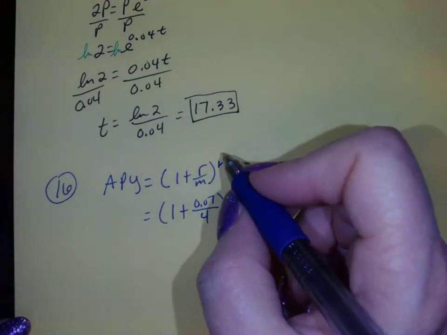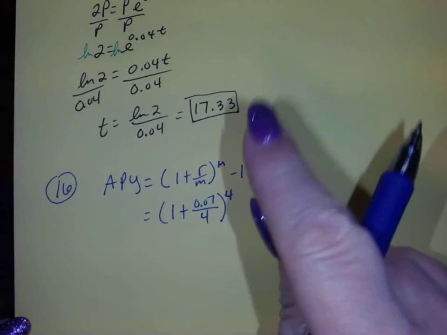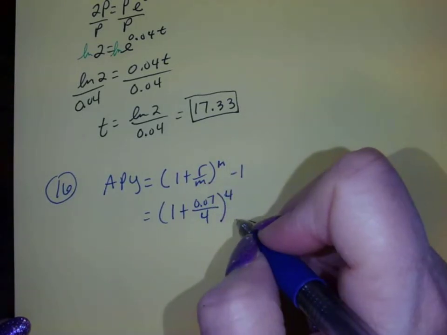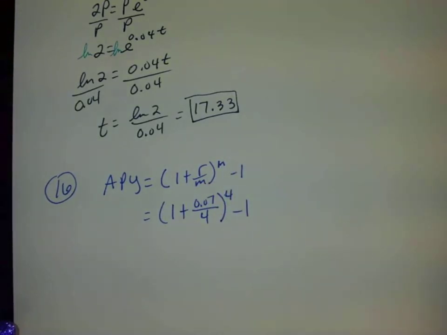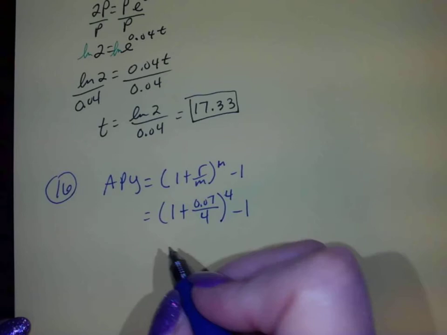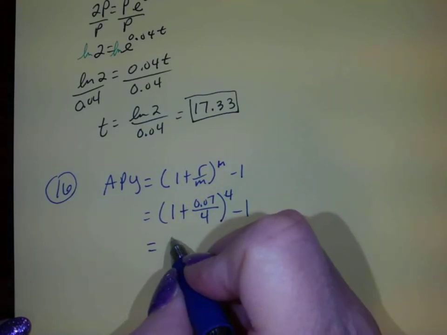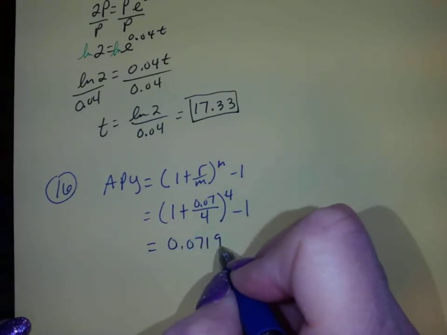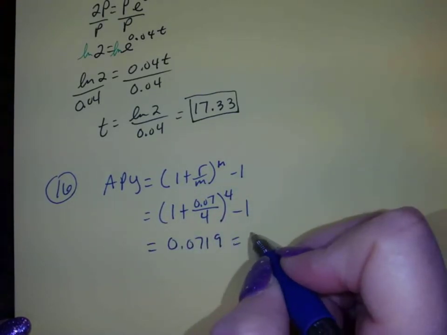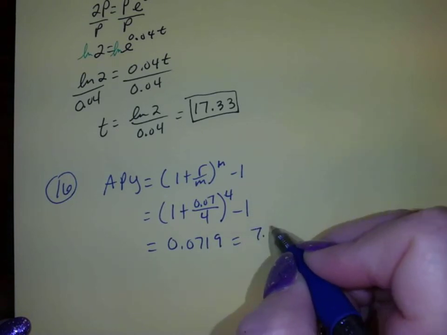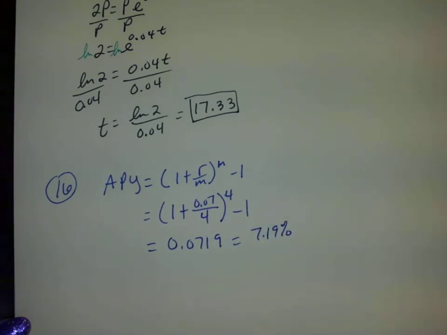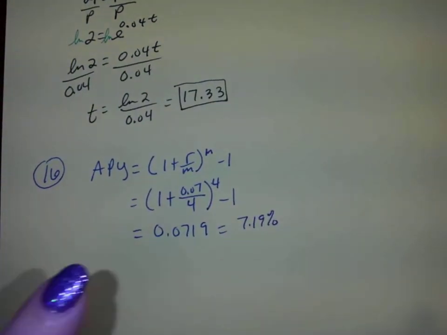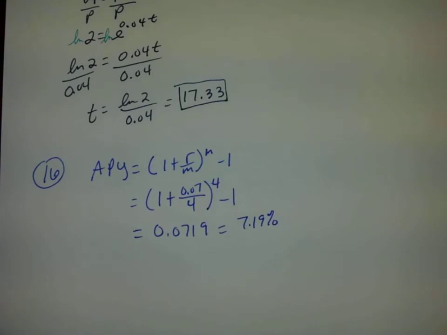And then it'll be raised to the 4 again, because that's still our M value, and then we're going to subtract 1. And when we put that into the calculator, we will get 0.0719, moving it over two decimal places, 7.19%. So that is the one compounded quarterly.